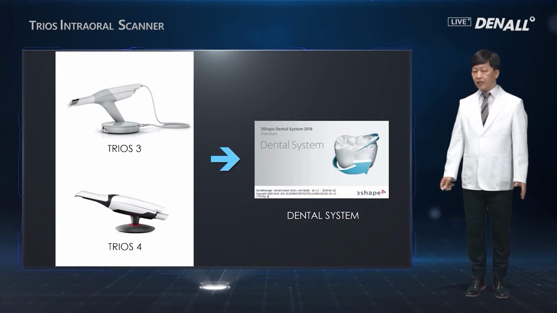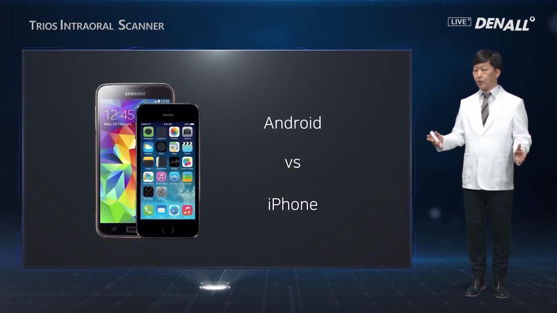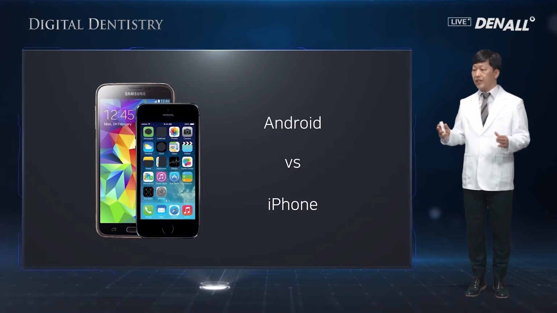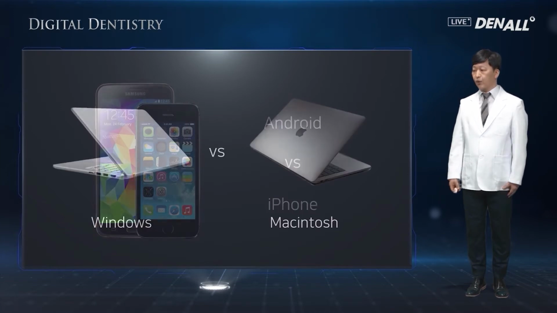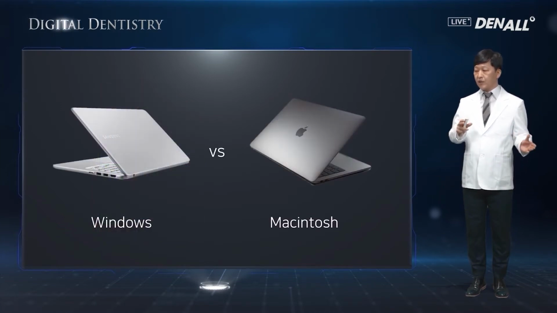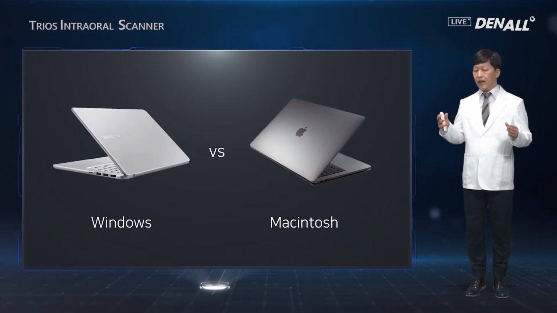The analogy can be Android phone versus iPhone. You would understand the difference between those two. Likewise, a PC based on Windows and an Apple computer based on Macintosh can be the difference between those two.